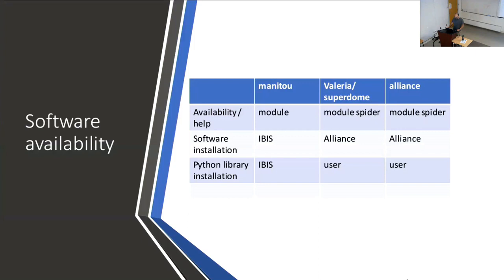On the different servers, how you manage the software is a bit different. So on Manitou and Katak, you'll check if software is available using the module command, like module search.